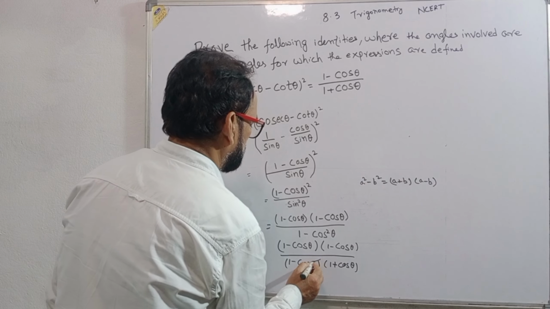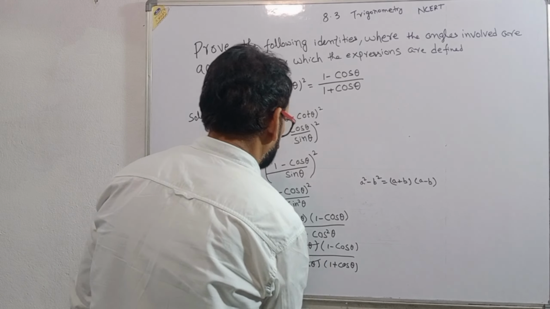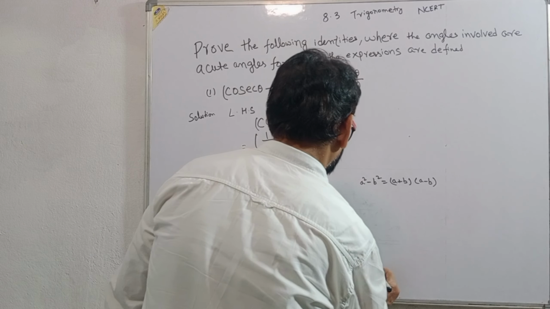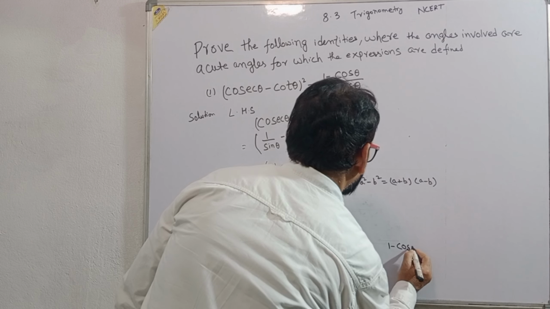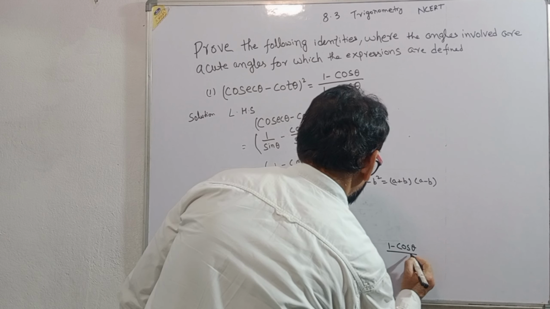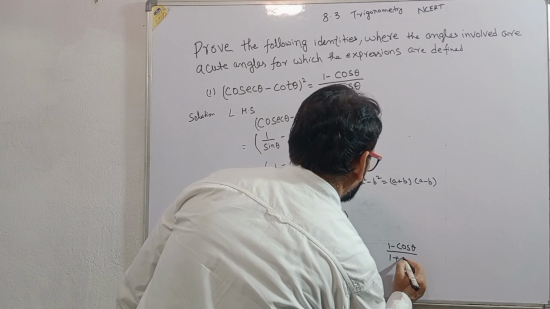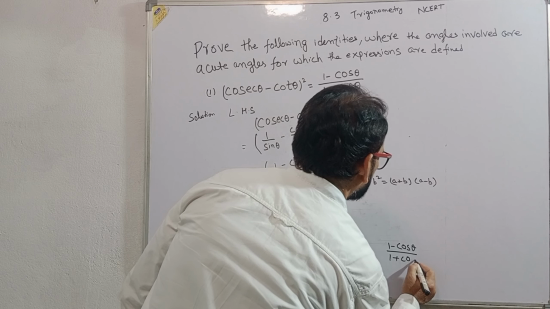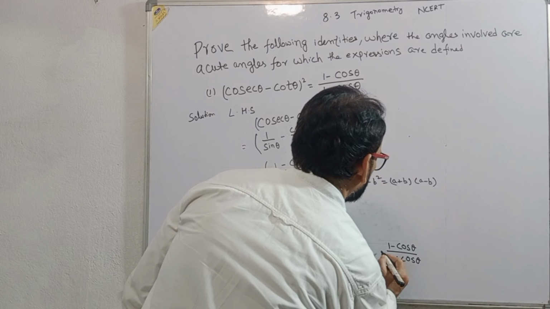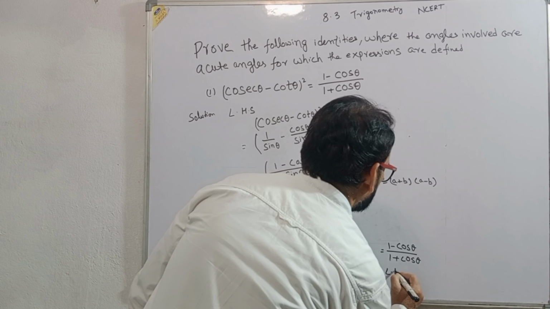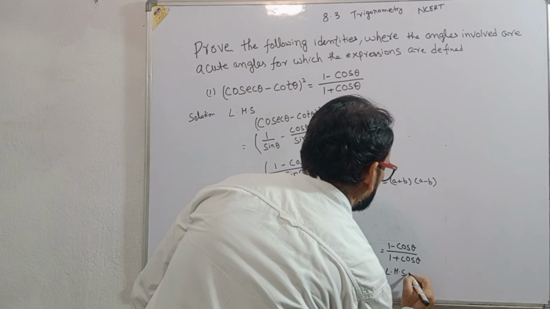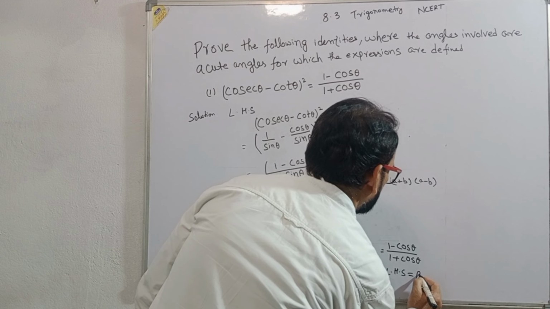Now cutting this one, here 1 minus cos theta divided by 1 plus cos theta. Here LHS equal to RHS.